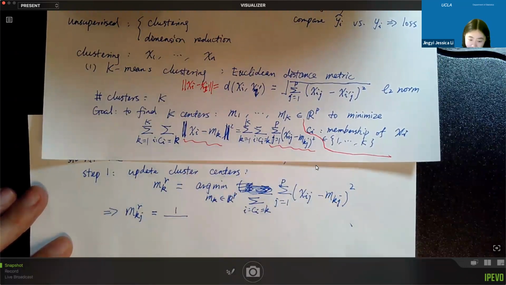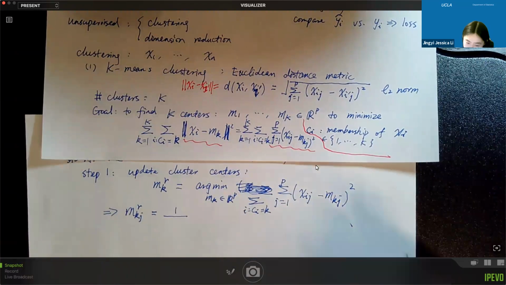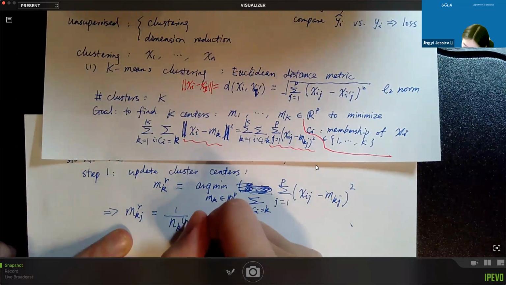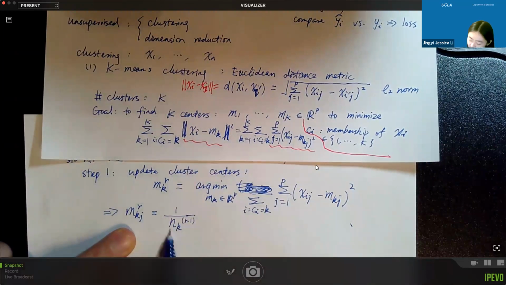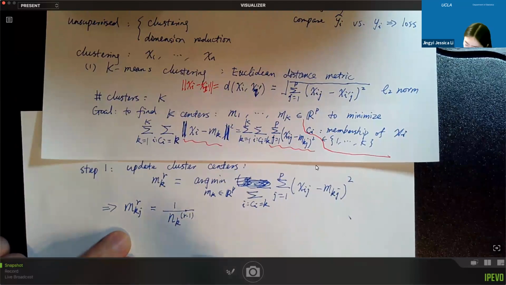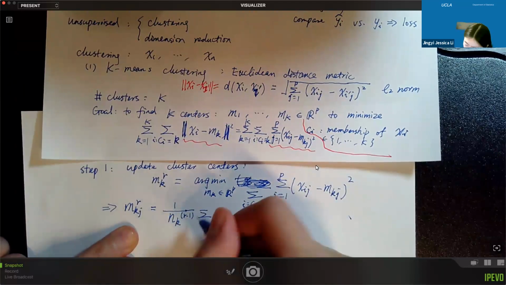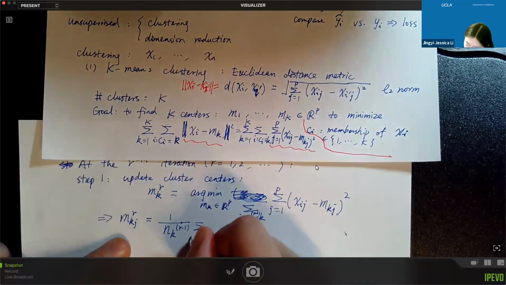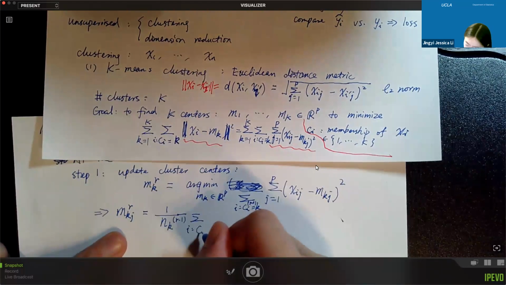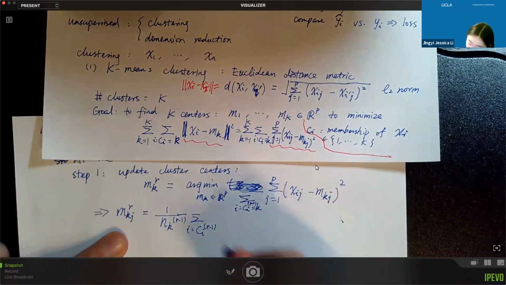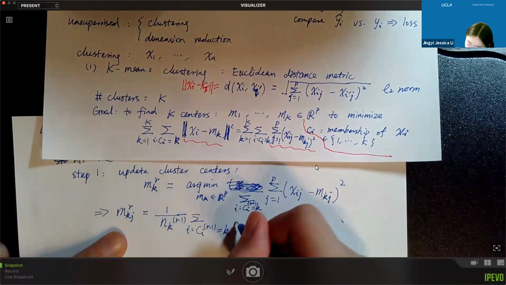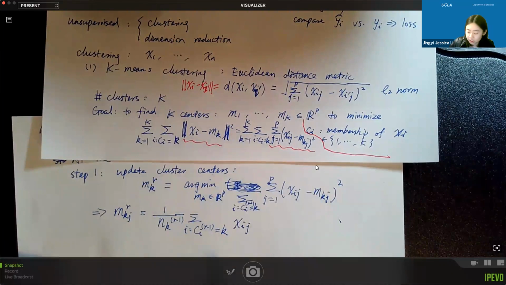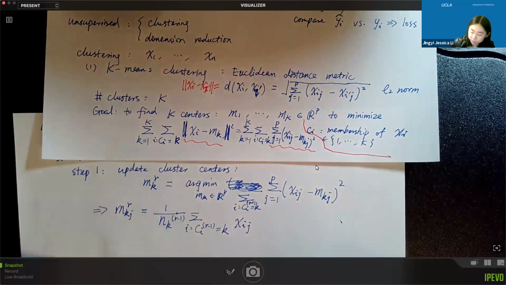I can give that a notation. I call that N_k^(r-1), the number of data points in cluster k from the previous iteration, times the summation over i such that C_i^(r-1) equals k, of x_ij. So it's the average of the data points in cluster k from the previous iteration.